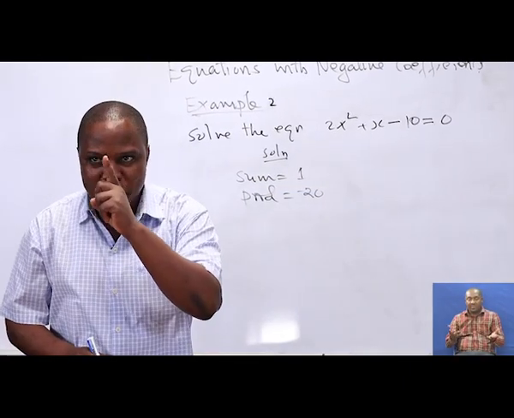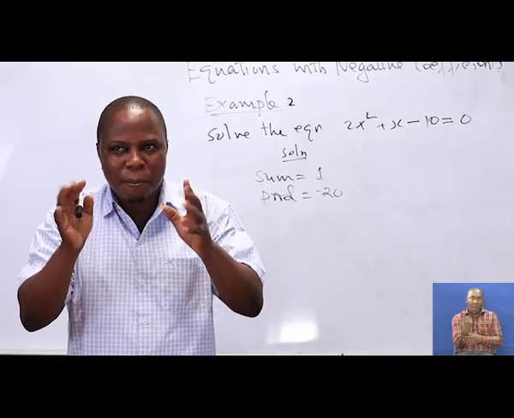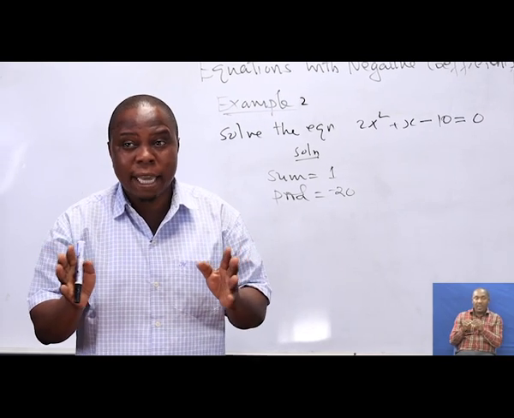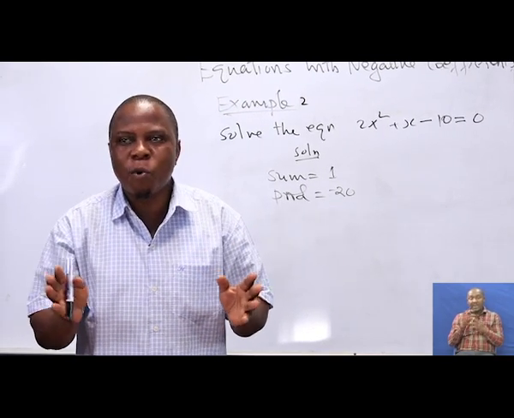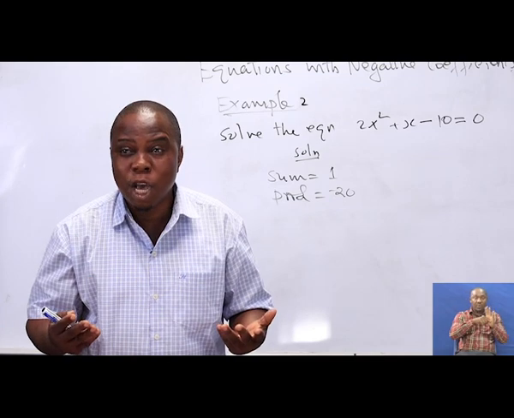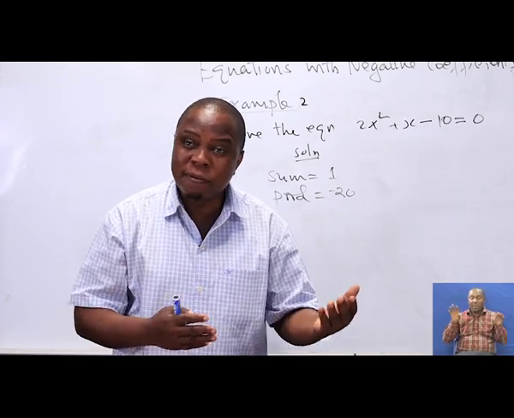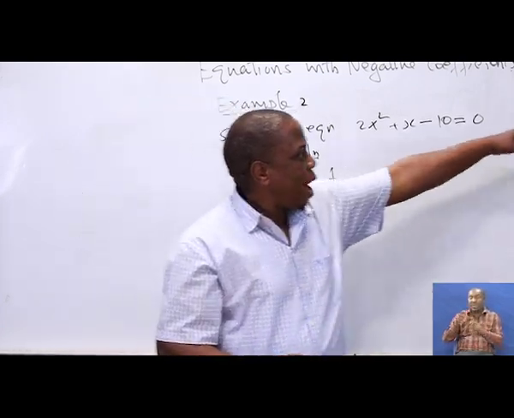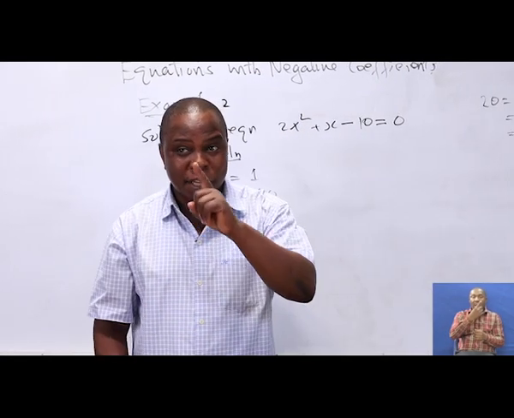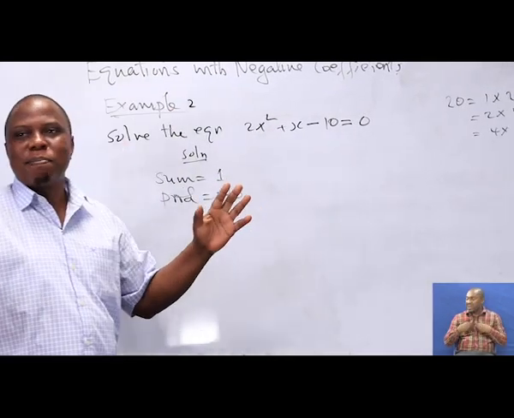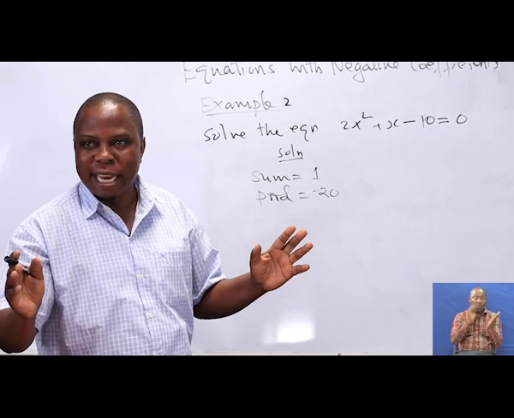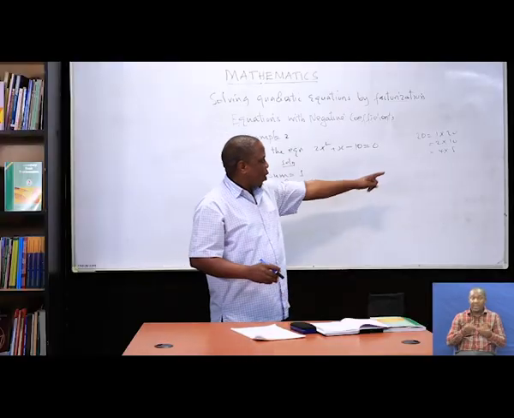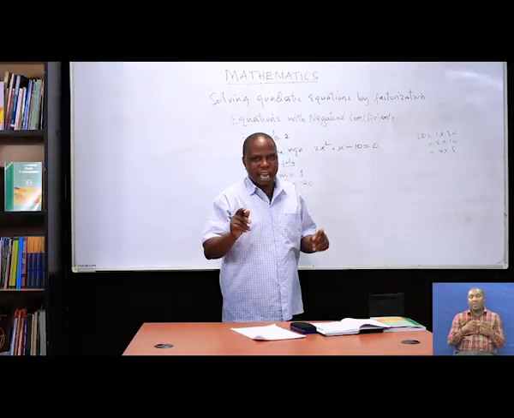Now, only 1 pair has the right sum. When we are talking of sum, we can sum up the positive numbers, or the negative numbers, or one positive and the other negative. Now, 1 and 20, in whatever case, cannot give you 1. Also, 2 and 10, in whatever case, cannot give you 1.